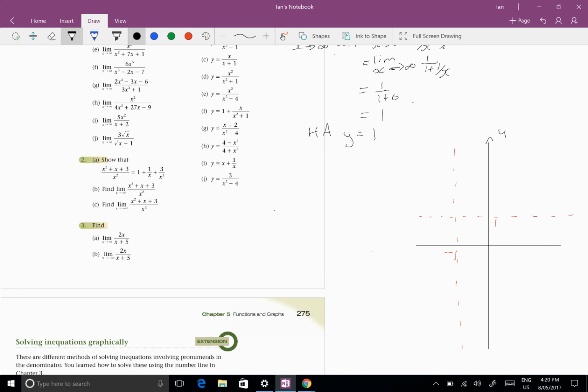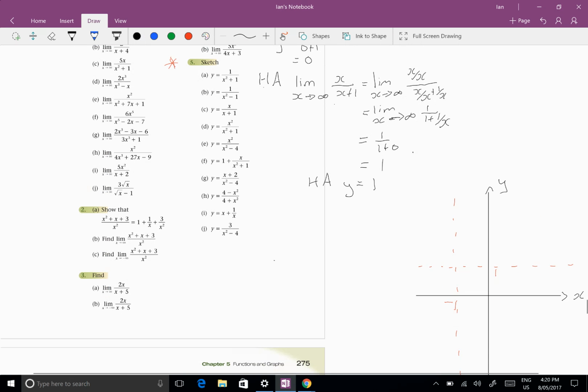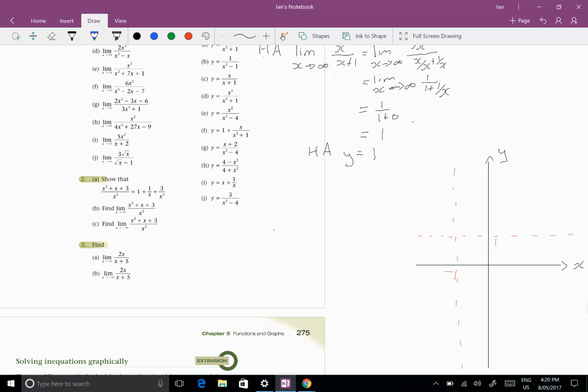I'm sort of out of options now. I suppose I could plot points or find out what happens as x approaches infinity and all these other things. But I'm lucky because I know a little trick. Let's have a look again at this equation, y equals x on x plus 1, and see what we can glean from it. It's not in a nice, easy method for me, but luckily I know a little bit of polynomial division.